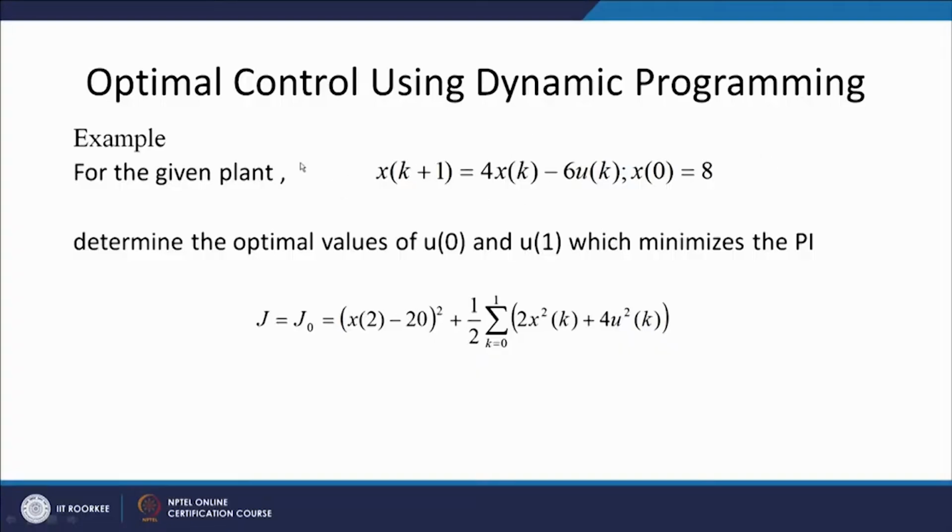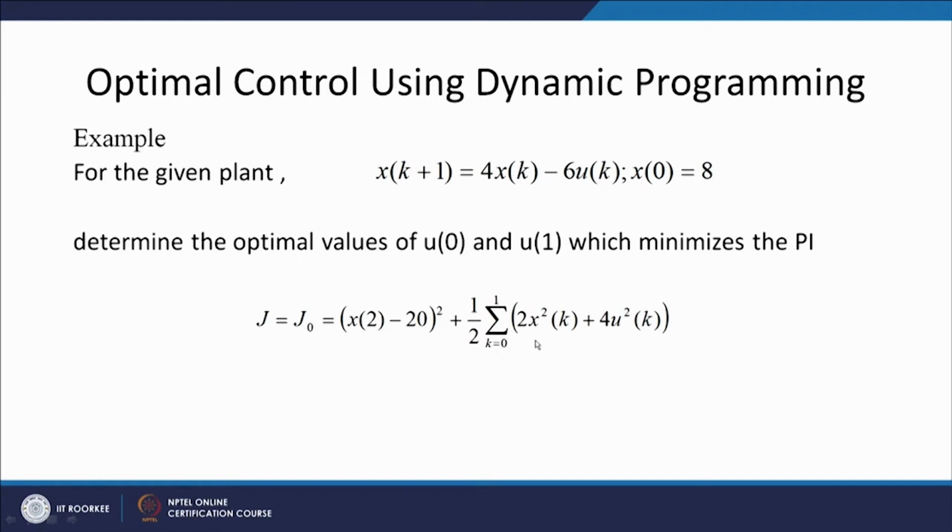Let us consider a simple first order system as x(k+1) equal to 4 of xk minus 6 of uk, where x0 is given as 8. My objective is to determine the optimal control and optimal states for u0 and u1, which minimize my performance index as J equal to (x2 minus 20) square plus half of sigma k varying from 0 to 1 of 2 x square k plus 4 u square k.